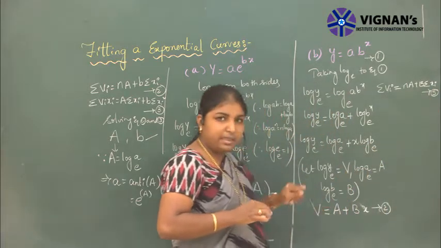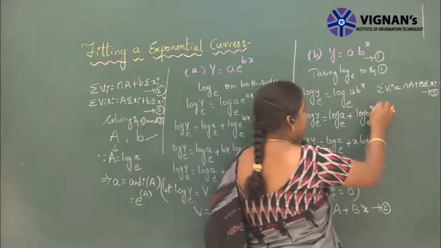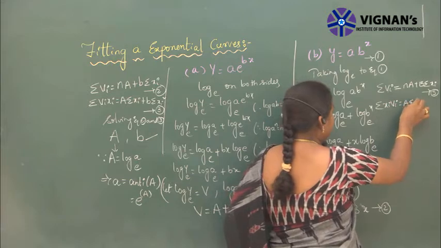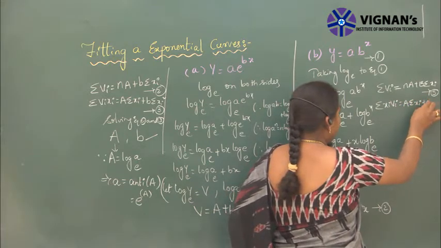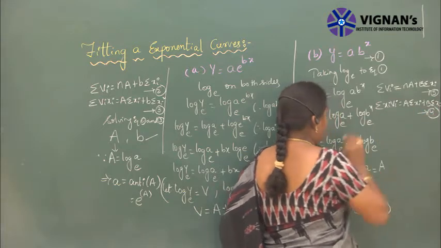For the second normal equation, we multiply by summation xi: summation xi Vi equals A summation xi plus B summation xi square. Let this be equation 4.